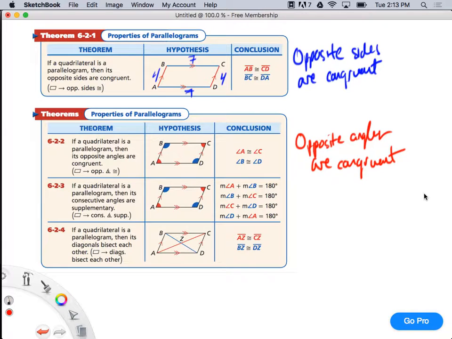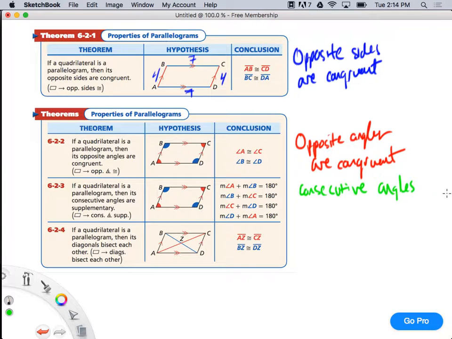The third thing we say is that its consecutive angles are supplementary. So B and C, the blue and the red pairs, each blue and red pair is supplementary. What does supplementary mean? They add up to 180. So the third one is consecutive. Do you guys understand what it means by consecutive?